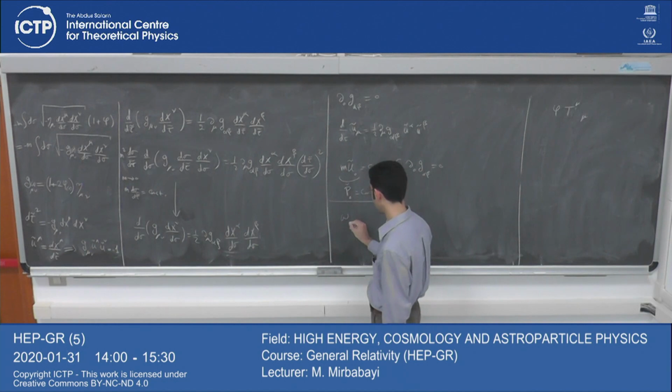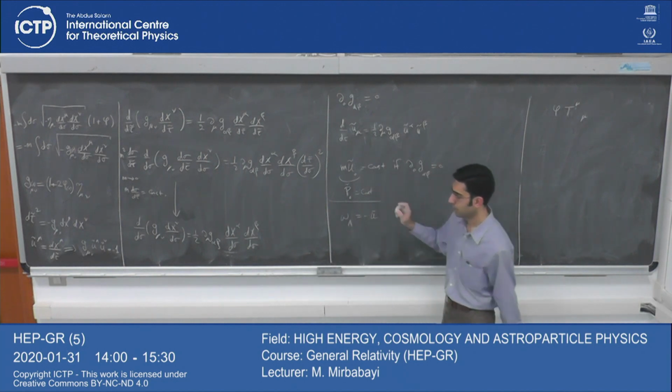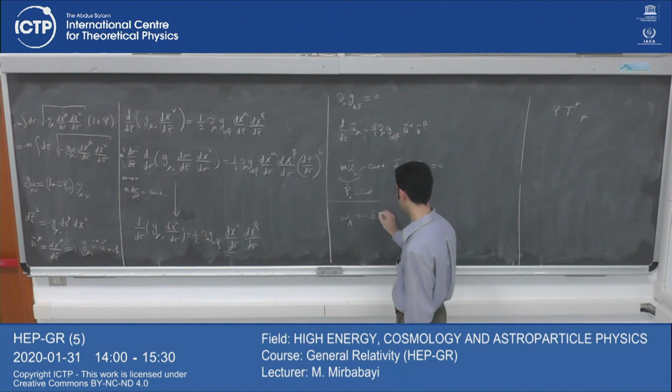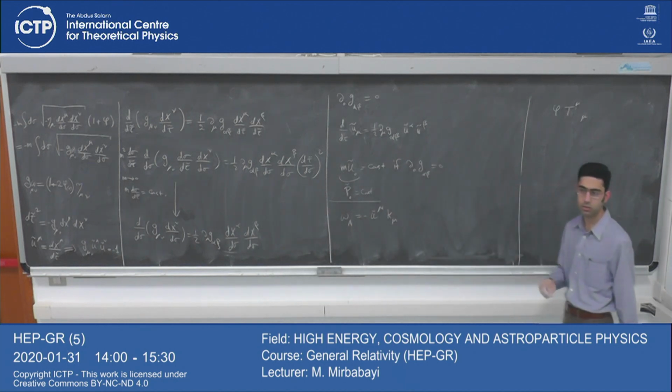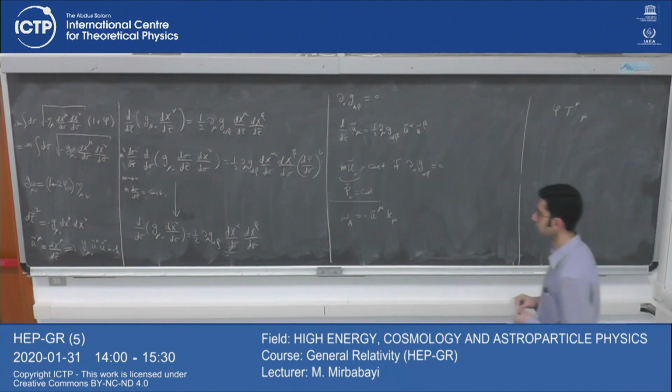So for instance, an observer Alice is measuring the frequency of the photon, given by the four velocity u mu contracted with the four momentum of the photon, k mu. That is a frame-independent expression for the frequency of the photon measured by an observer.